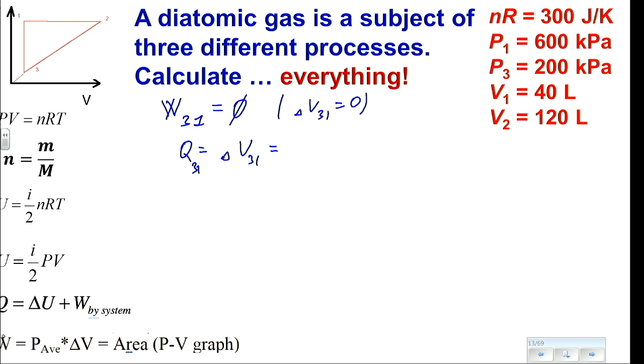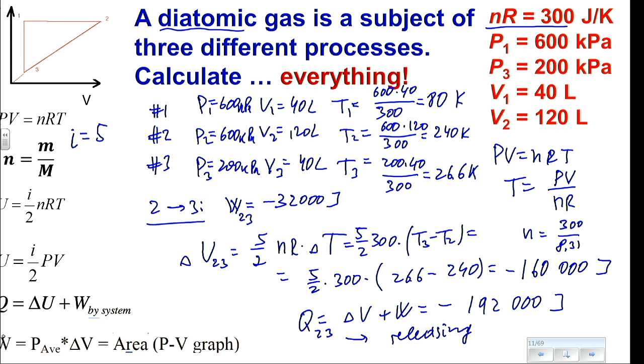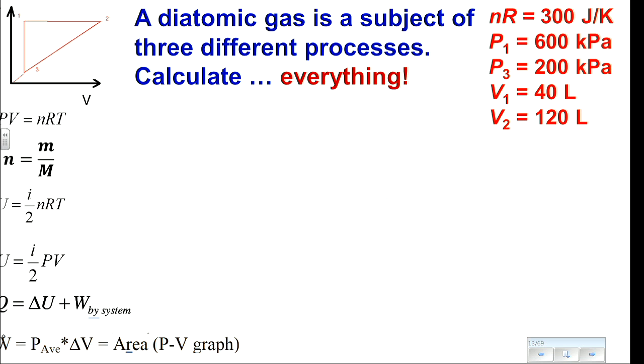equal to, again, 5 over 2 nR delta T for this particular process, which begins at state 3, ends at state 1, and now in numbers, 5 over 2, 300, temperature number 1, so it's T1 minus T3, final minus initial, 180.